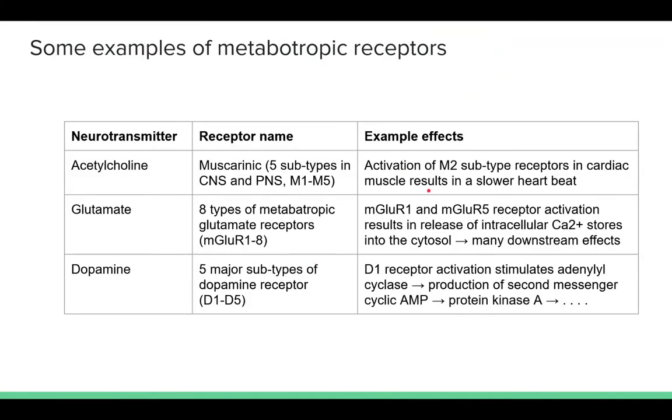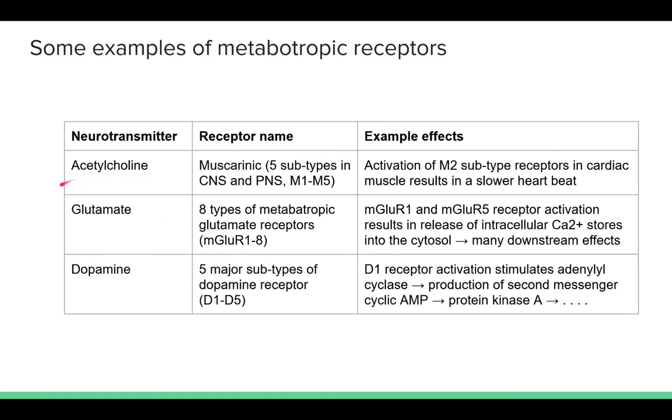One example: if we go back to our frog heart experiment and the stimulation of the vagus nerve, remember, we identified that it was acetylcholine being released there. The receptor in cardiac muscle that is receiving that acetylcholine signal is the M2 subtype receptor, and we can attribute the slowing of the heartbeat to the second messenger effects of the M2 receptor subtype.